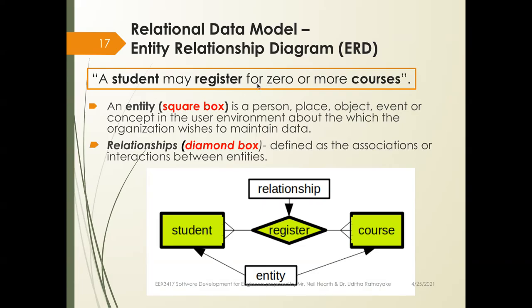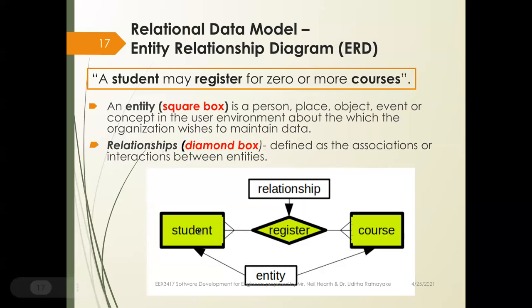So that is why this 0, 0 means no courses, 0 courses, or more than one courses. A student, one student. So this verb or action, we write it as this diamond box, relationships.